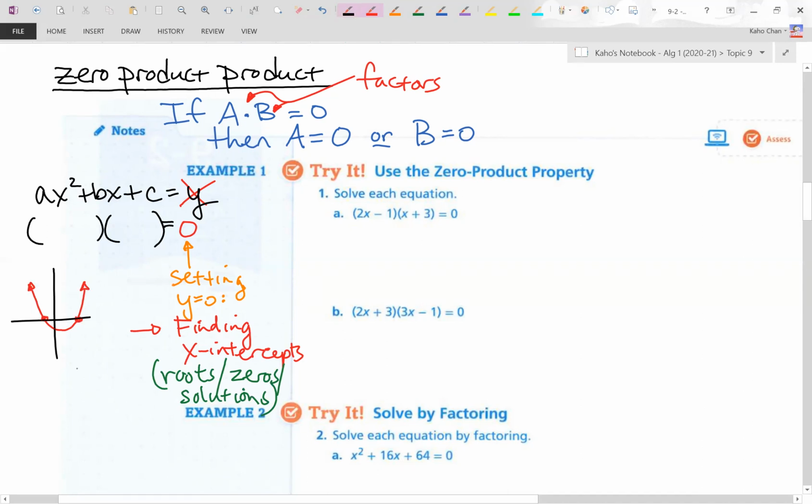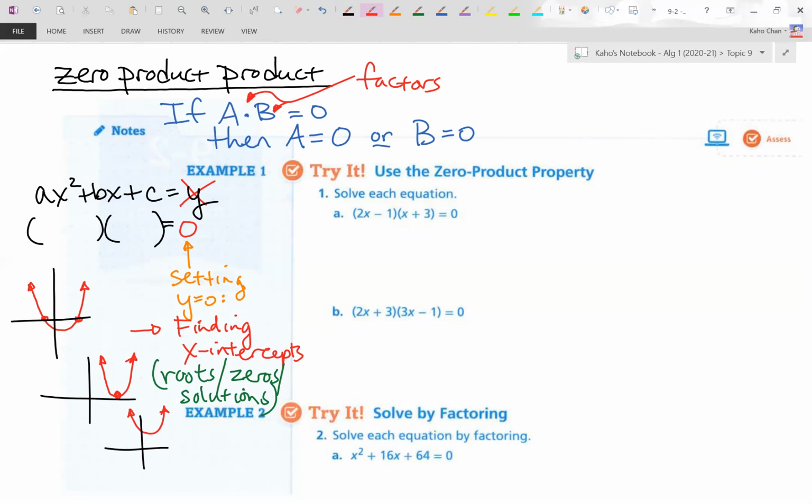It could hit the x-axis once, maybe. And sometimes it may not even hit it at all. Those are the three scenarios that can happen. What we're doing now is taking the idea of factoring a quadratic and solving for the actual points through which the parabola crosses the x-axis, okay?